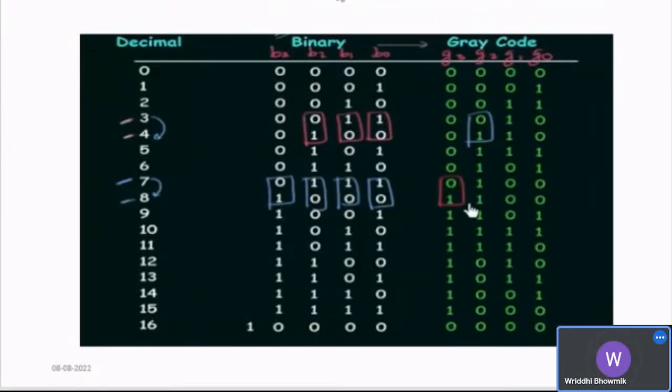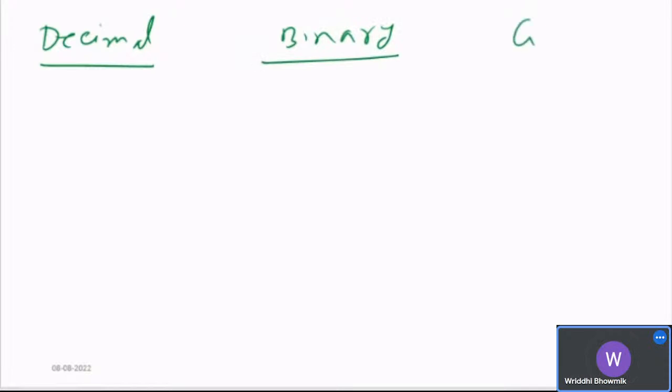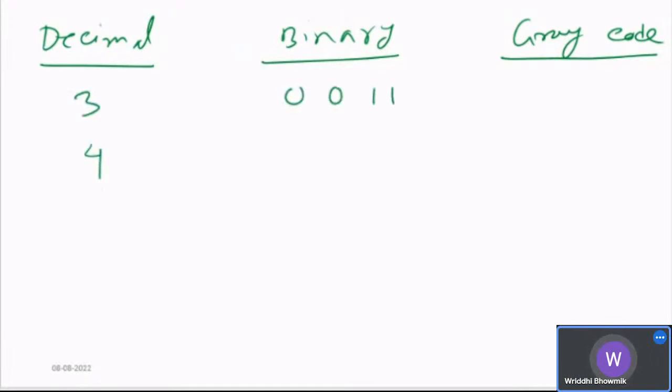Okay, I will just show you. That would be better. I will take a particular example: decimal, binary, and gray. 3 and 4: 0011, 0100.